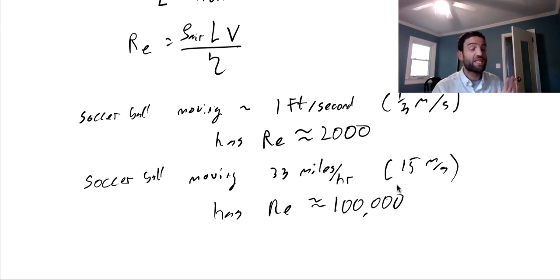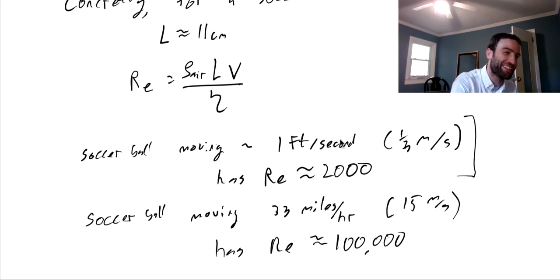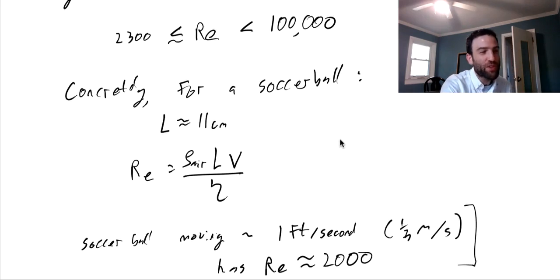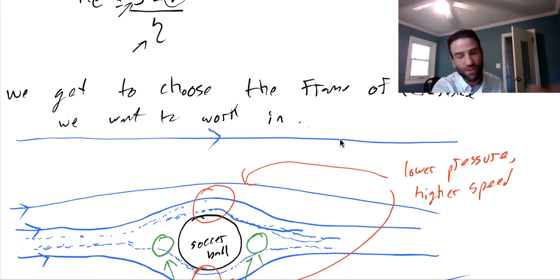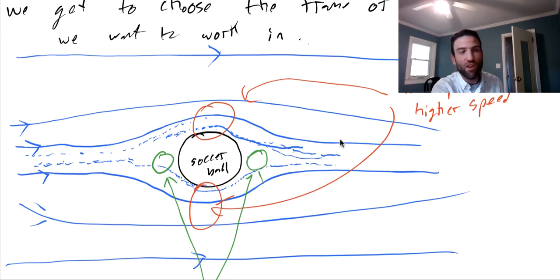So one of the things that I want to emphasize is that in the context of typical sports, a soccer ball moving at a foot per second is really quite slow. You have to work to get a soccer ball to move that slowly after you kick it. You have to not try, I suppose. So actually, the region of laminar flow, slow speed, for sports, this almost never is what you're most worried about. This smooth laminar flow almost always gets disrupted because the Reynolds numbers are just too high.